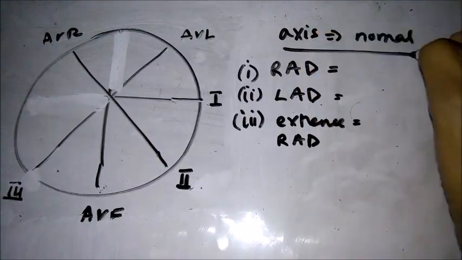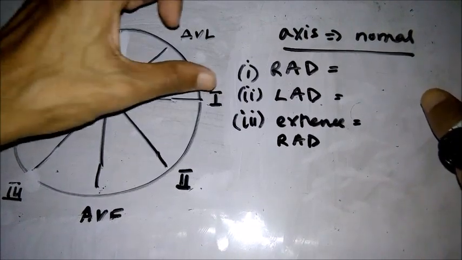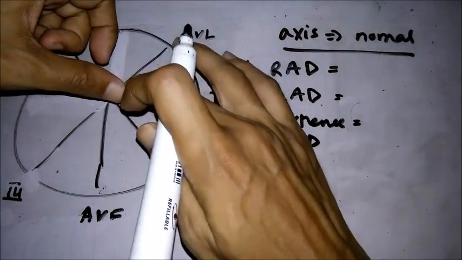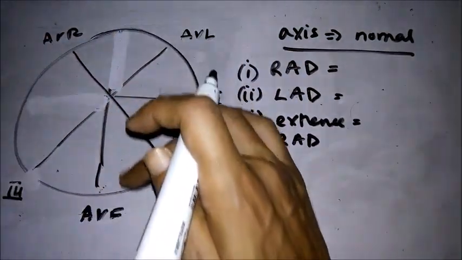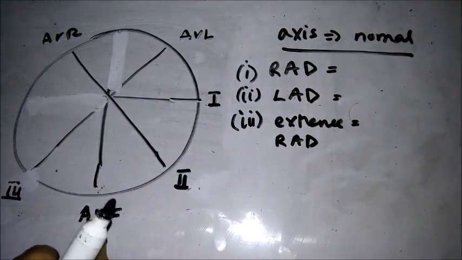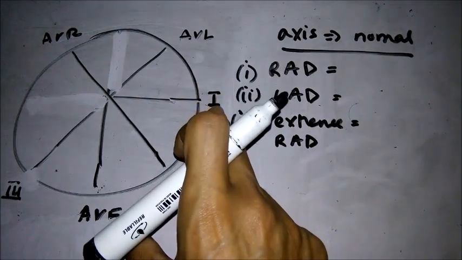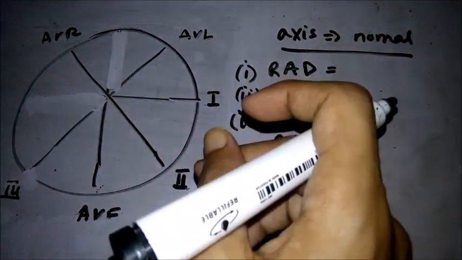Now, how do you know whether the axis is normal? It's very simple. You have two leads. One is lead 1. You can see, this is your pizza and this is lead 1. And then this lead which is going right downwards is your AVF. Lead 1 and AVF. If these two leads are positive, that means that the electrical activity is closer to these leads.